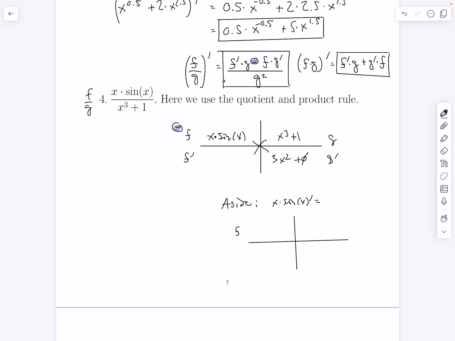So again, this is not a product rule. Careful. So we have x, and here is sine x. Okay. Pause the recording. Complete this one, and then plug it into the top, and then complete the top.